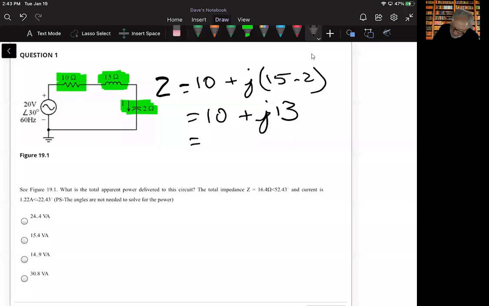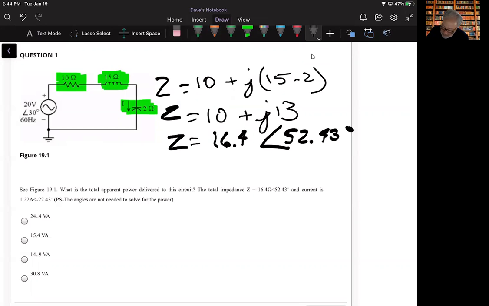So when I do the calculation, this is the impedance in rectangular form, and then in polar form, it would come out to be 16.4 at an angle of 52.43 degrees. All right. So you've been away from that for a while, so what I did is I gave you that value.